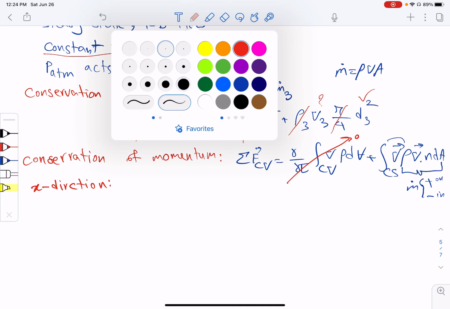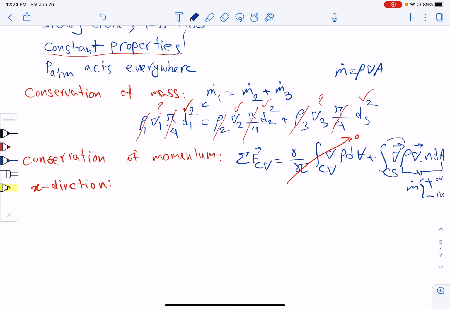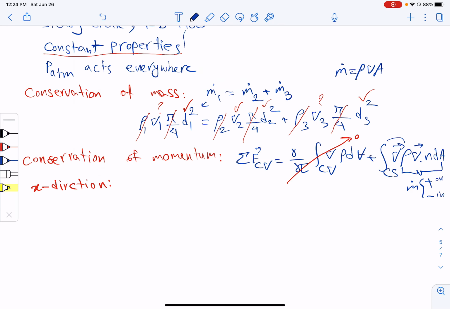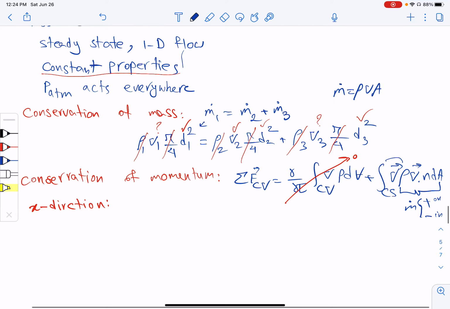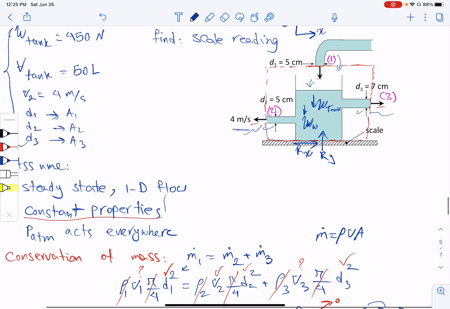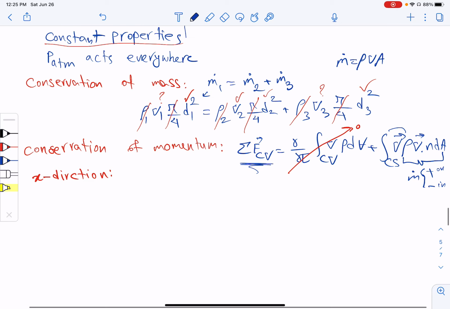So for the x direction, what are the forces that we have? We only have Rx, and it's positive because it's in the positive direction of x.